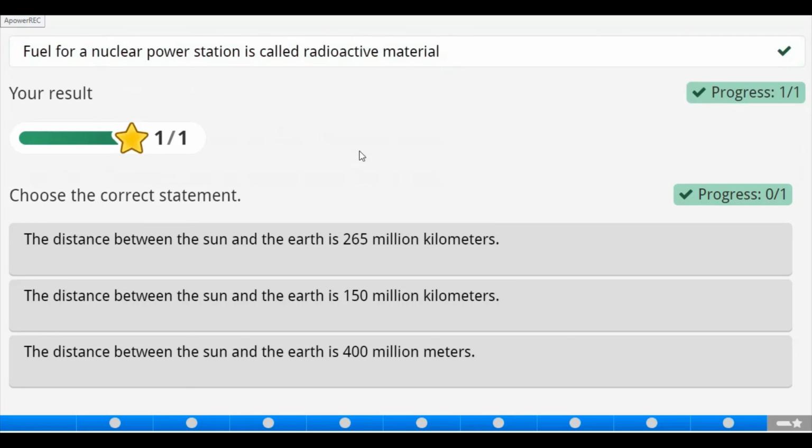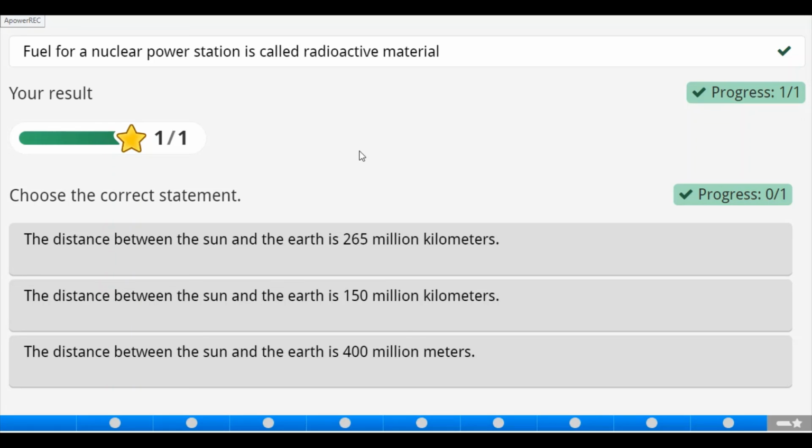That's correct. Now, for the second set of statements, let's pick the right answer. The distance between the sun and the earth is 265 million kilometers. That statement is wrong. The distance between the sun and the earth is 150 million kilometers. That statement is correct, as I have made mention from the beginning of this class.